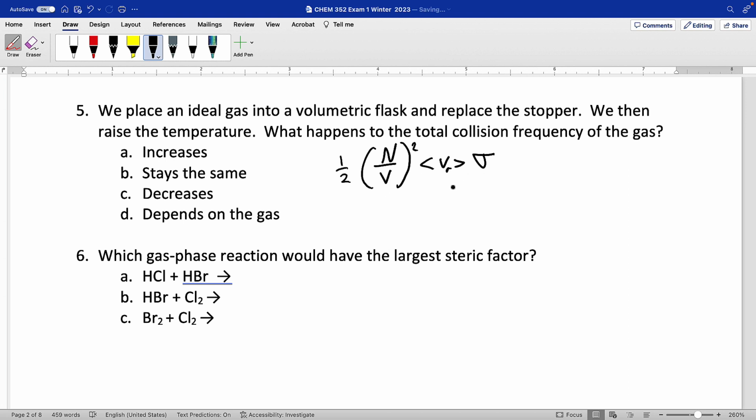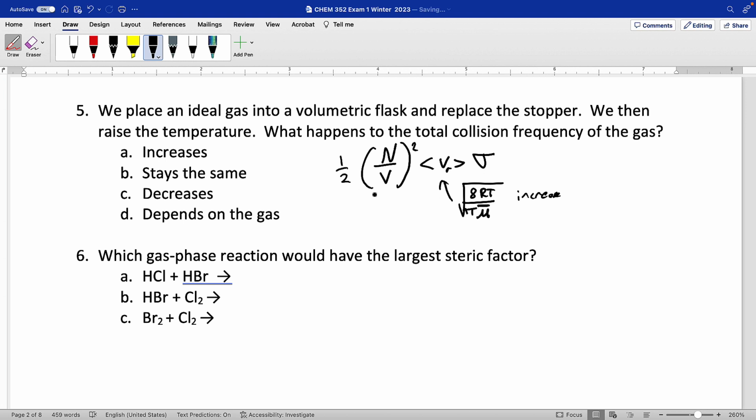We already said, we've got 8RT over pi, and then the molar reduced mass. And so clearly if we raise the temperature, this is going to increase. But it's going to increase with a factor that's square rooted, so it's going to increase pretty slowly.